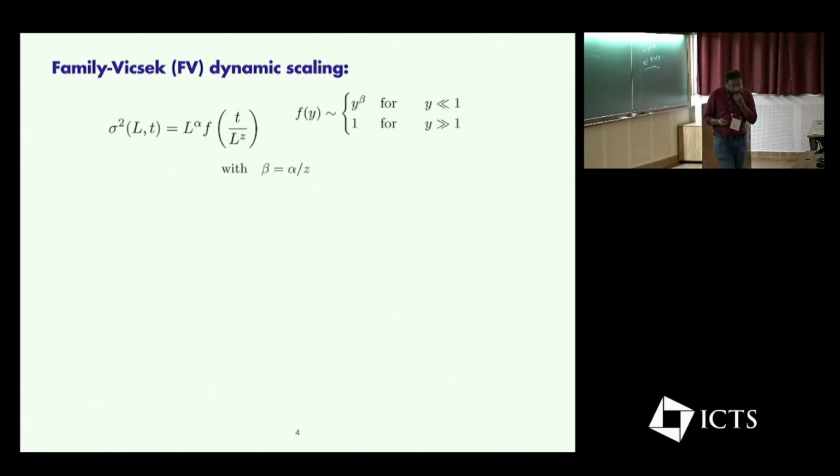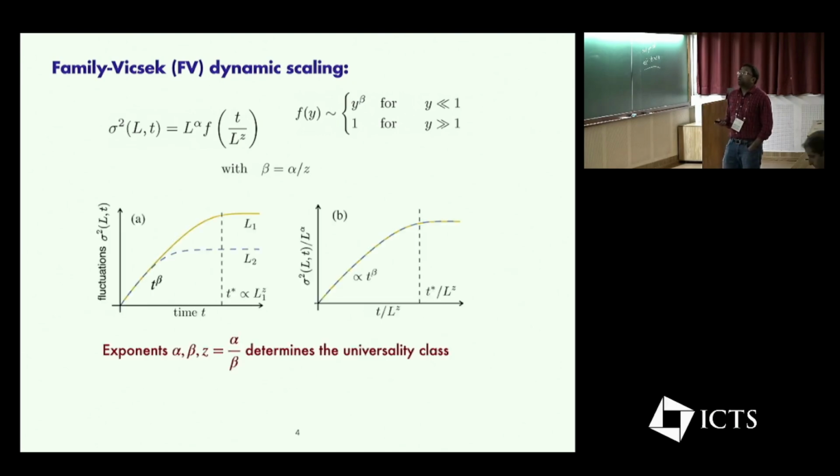Often what you expect is a Family-Vicsek kind of dynamical scaling. Note that sigma squared is essentially the number fluctuation, and it can have a scaling form of this kind, which tells you that if you plot the number fluctuation as a function of time, the growth goes by this exponent beta, which is independent of the size of the system.